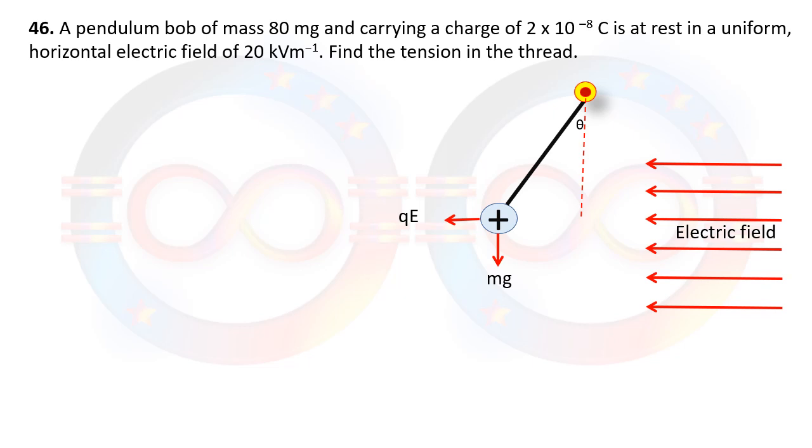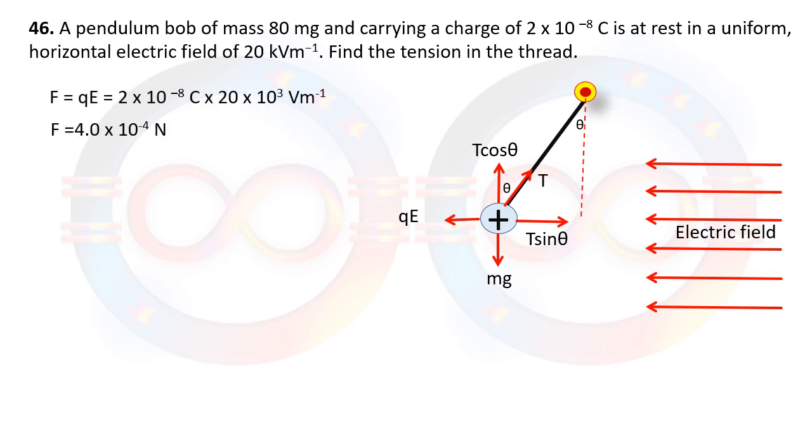The tension T is resolved into two rectangular components, T cos theta and T sin theta, which are going to balance, because the charge is going to be in equilibrium here. T sin theta is balancing QE, T cos theta is balancing mg.